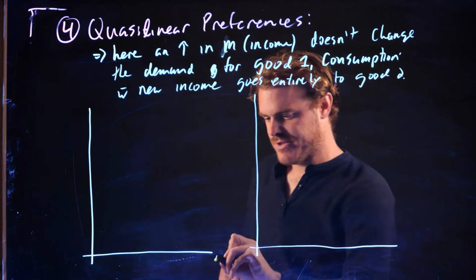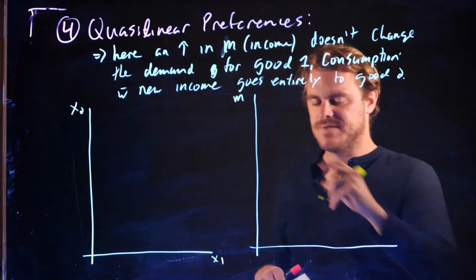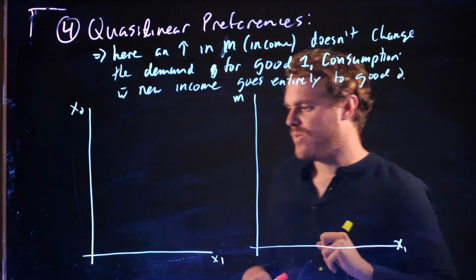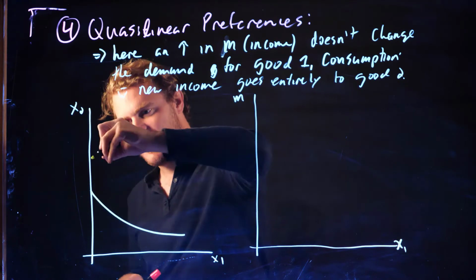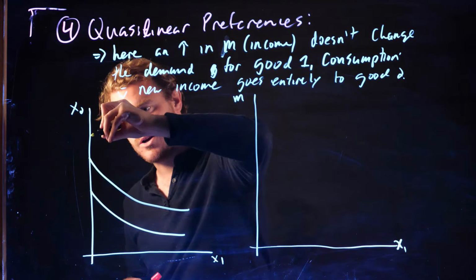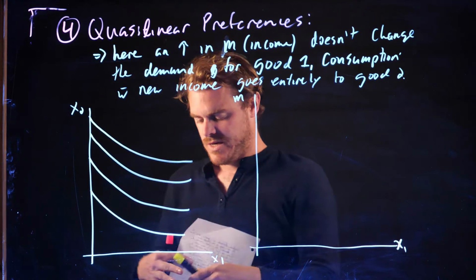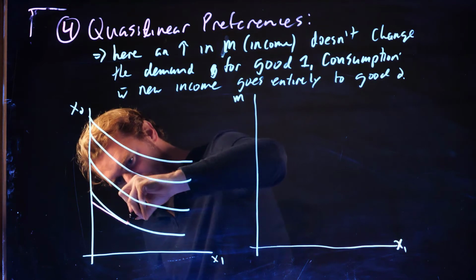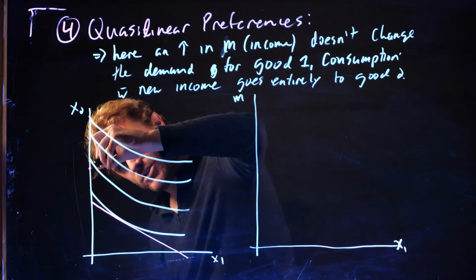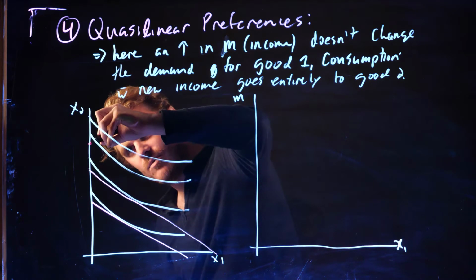All right, so here's our optimal bundle diagrams, and here's those Engel curves, income, and we're going to do X1 here. Like I was saying, we have these quasi-linear indifference curves. And what that meant is our consumption of good 1 didn't change as our income went up.